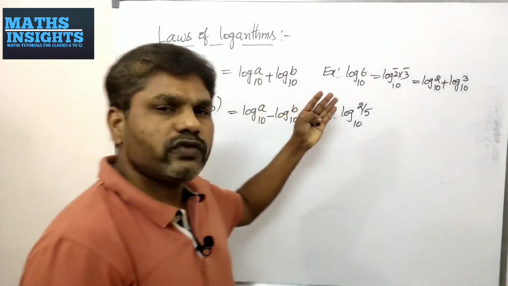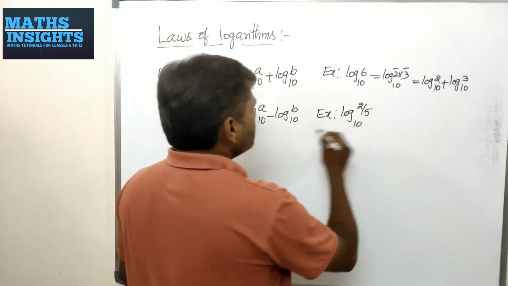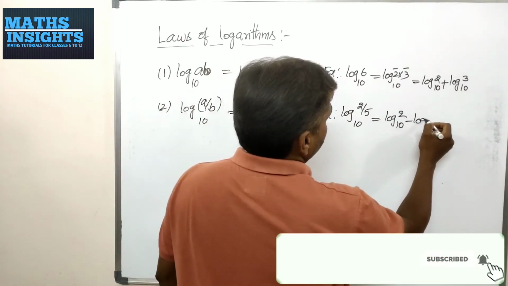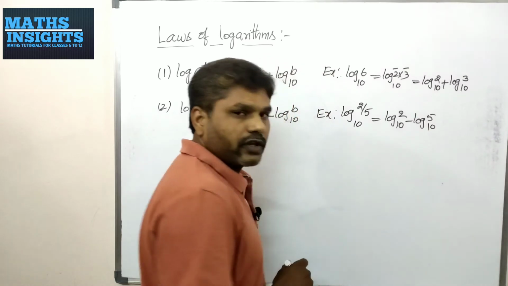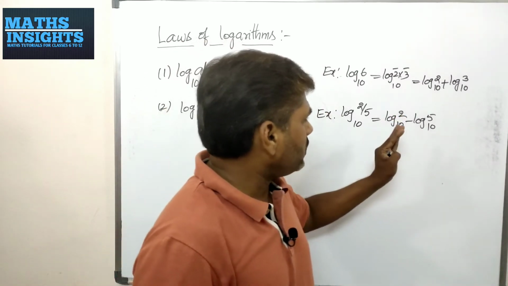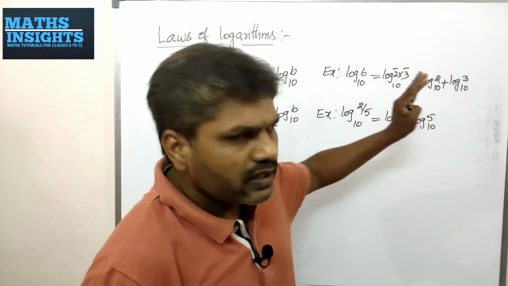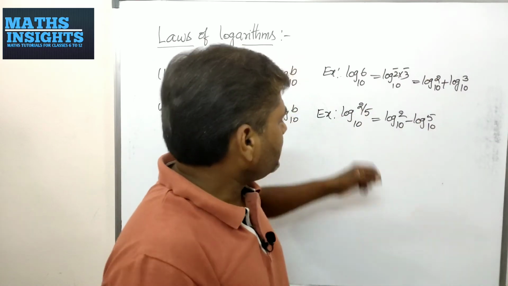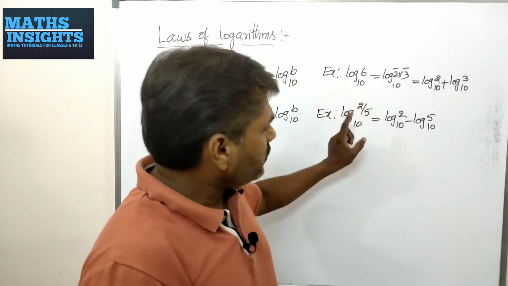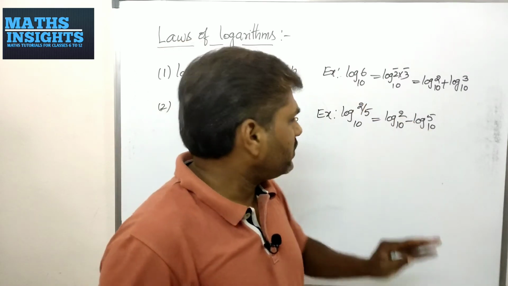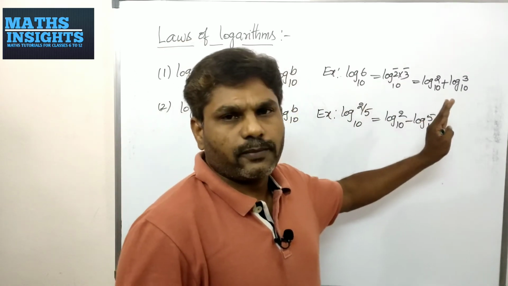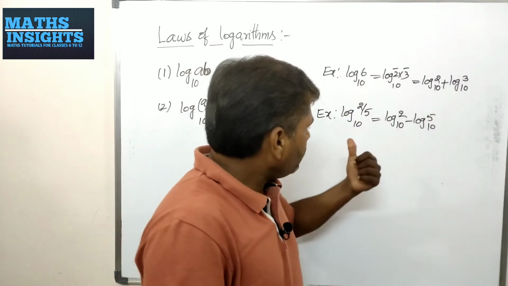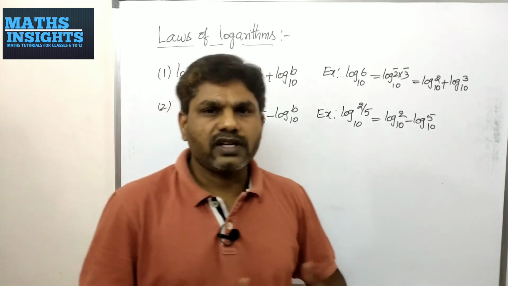Instead of dividing 2 by 5, I will use this law, that is log 2 base 10 minus log 5 base 10. If you substitute the values of log 2 and log 5, this calculation will become easier. This is a very small fraction, that's why we are not finding a difference between the two ways. But if the fraction is bigger, then the use of logarithms will become significant.